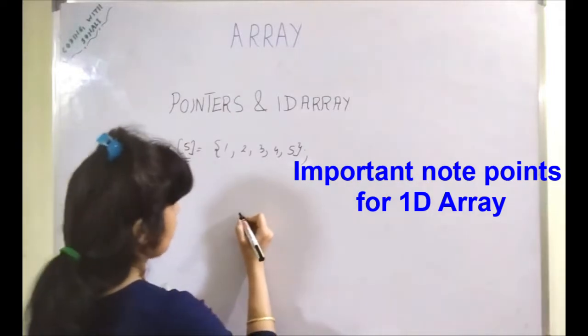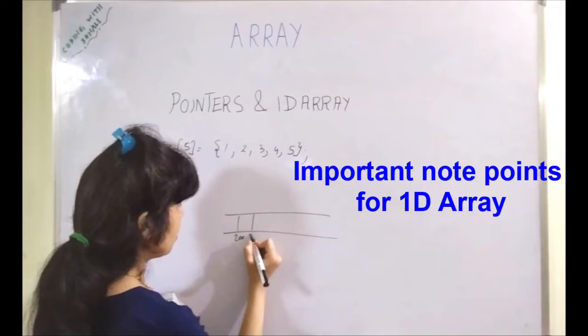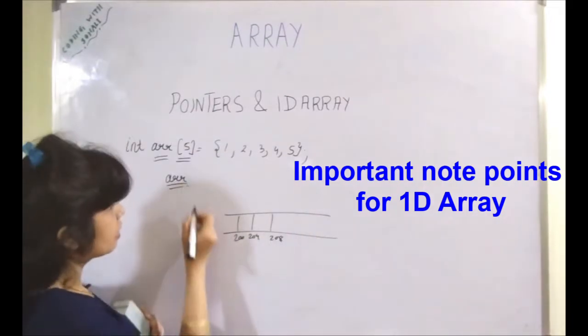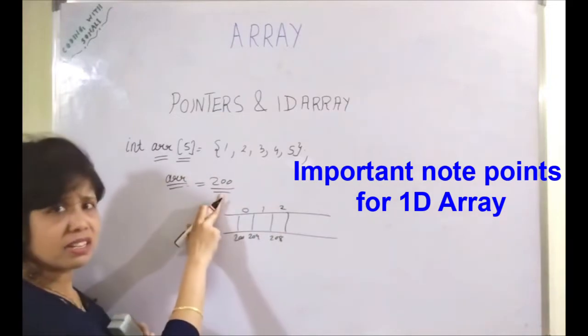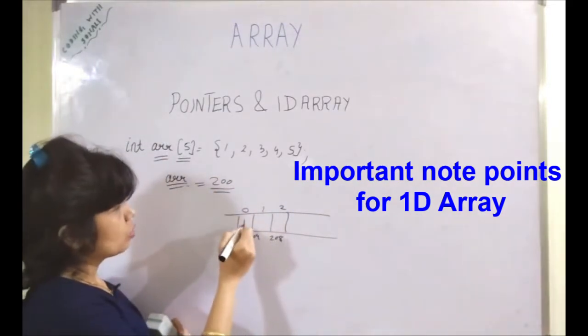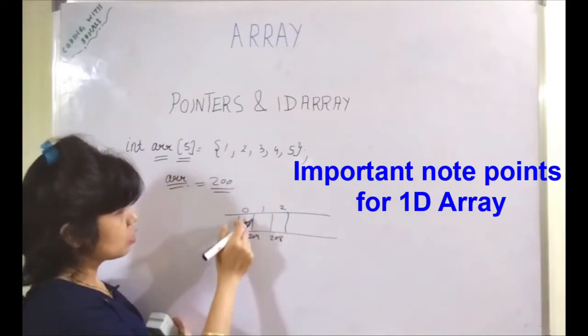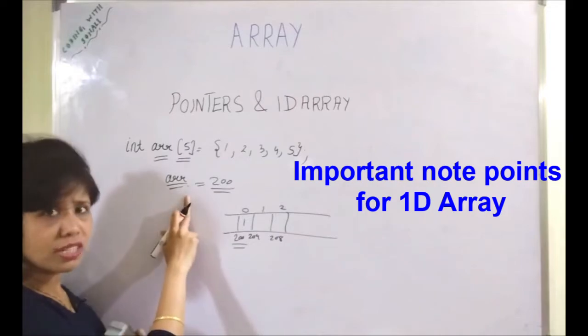Since the addresses started from 200 and 204, ARR will have the value 200, the address of the 0th element. At the 0th index this 1 is present, so its address is 200. That is the base address and it is also called a constant pointer.